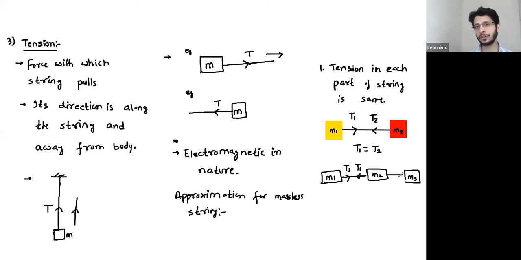But this is a different string, so tension would be different. This is T2 and this is T2. Now T1 may not be equal to T2. T1 in general is not equal to T2.